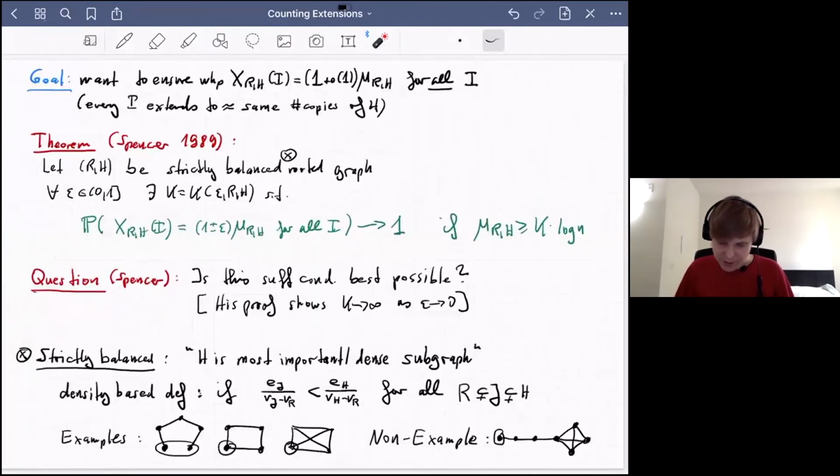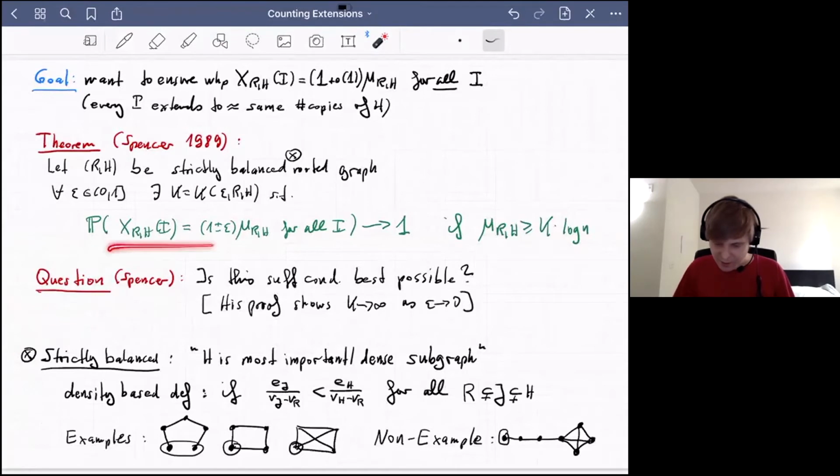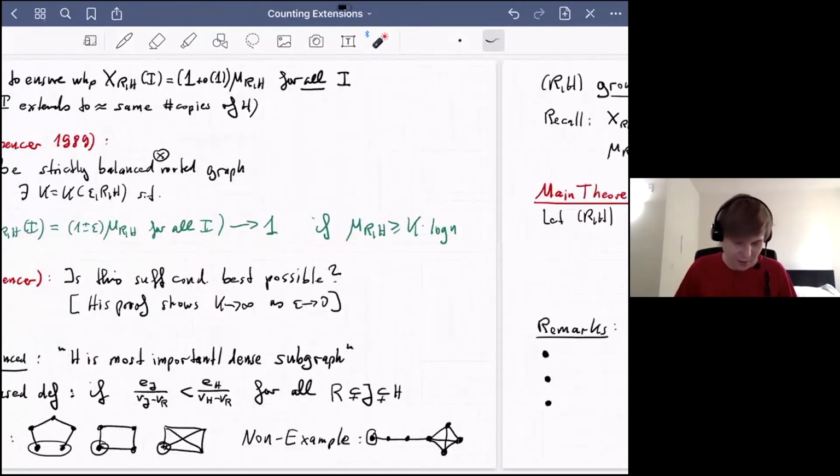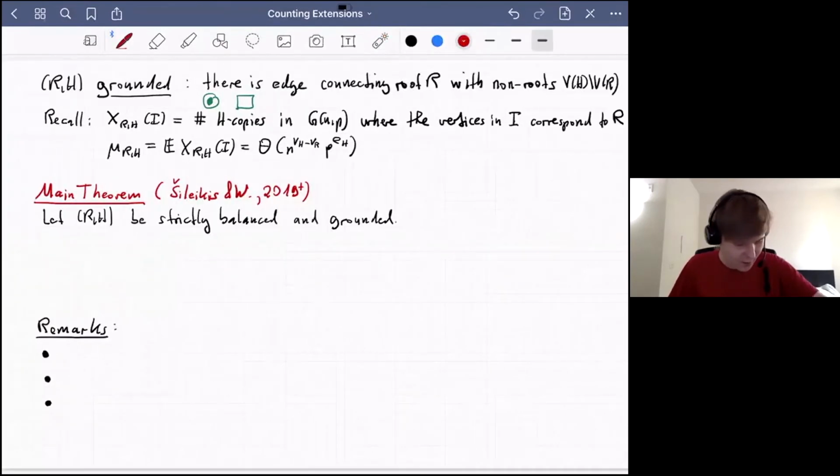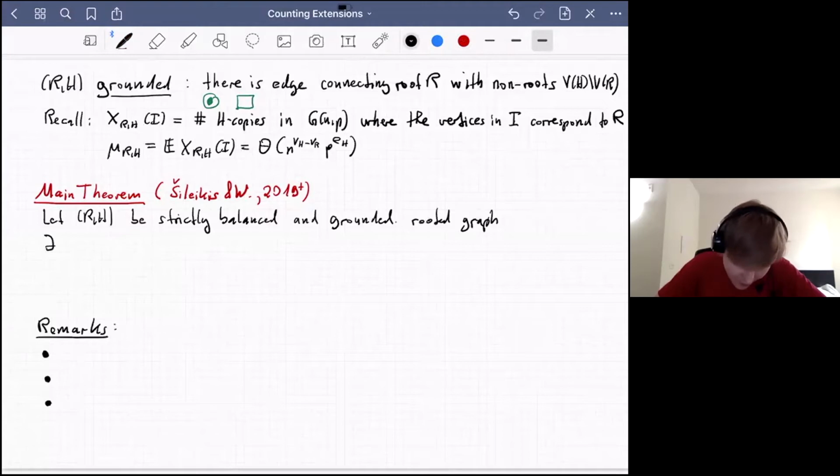Okay, so let me try to state our result. Basically, we want to refine this result. So we look at a rooted graph which is strictly balanced and grounded. What we can show is that there's a bunch of constants, alpha, small c, big C, such that, well, this is not so important, but let me still write it down.